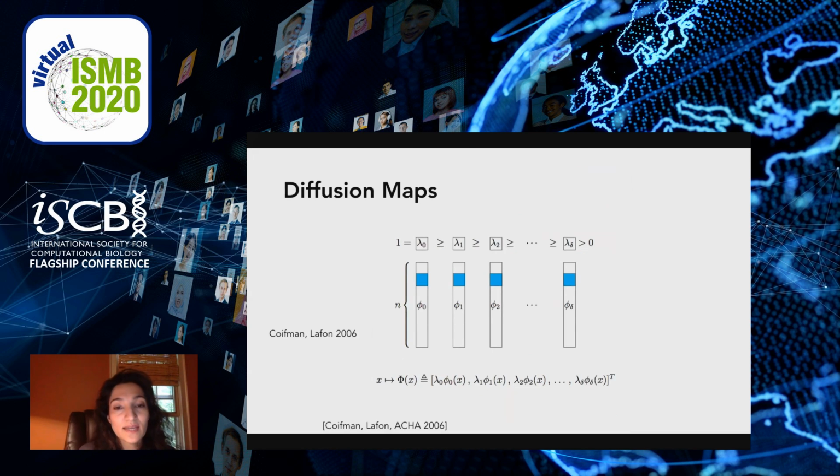It's well known that the eigenvectors of such a diffusion operator are called diffusion maps. The diffusion maps encode the nonlinear dimensions that are intrinsic to the data, so the intrinsic coiled dimensions of that Swiss roll that I showed you.